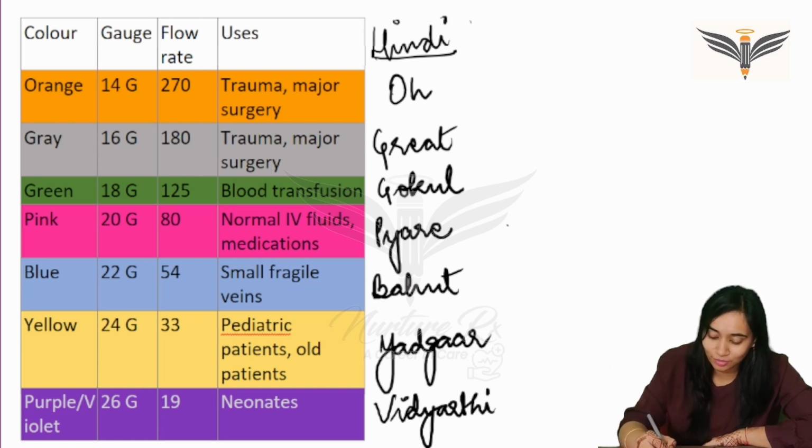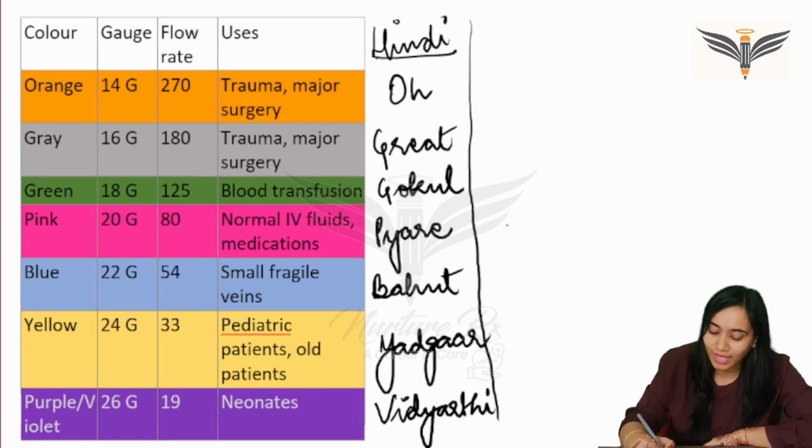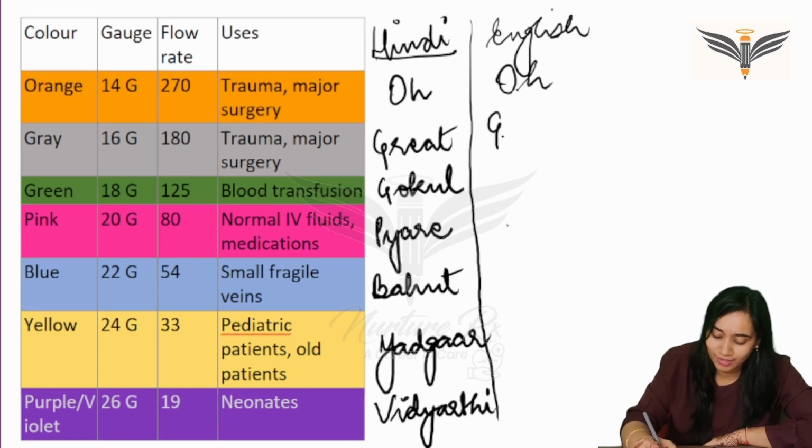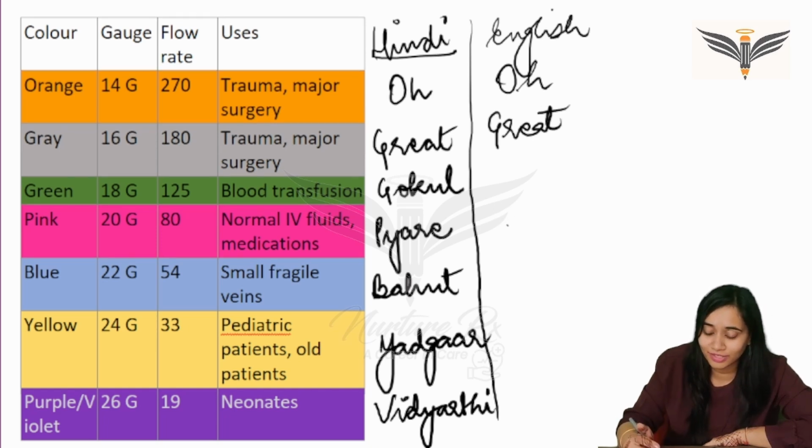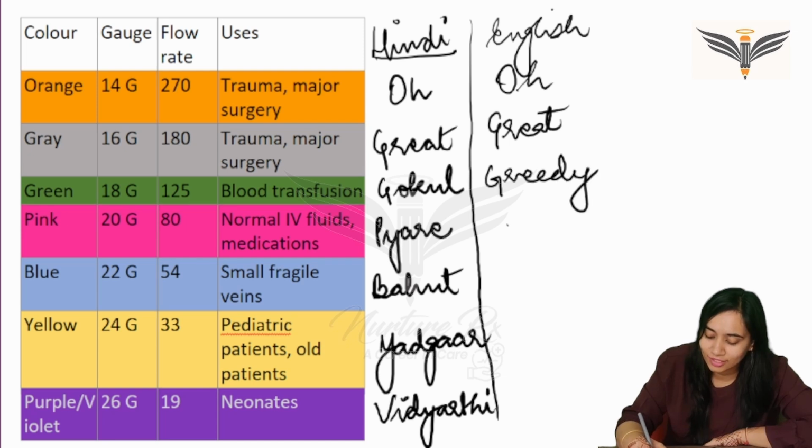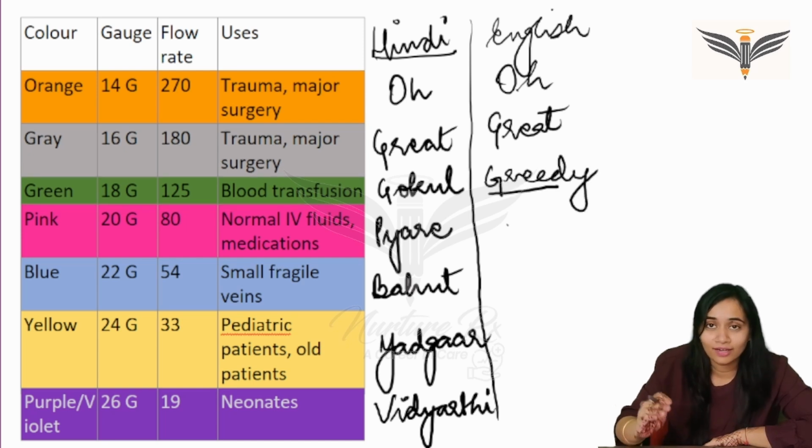So this is the mnemonic for you in Hindi, and in English it is again, oh great. Now here how will you differentiate? So I have put a word greedy. So you know green will correspond to green. So oh great greedy princess.